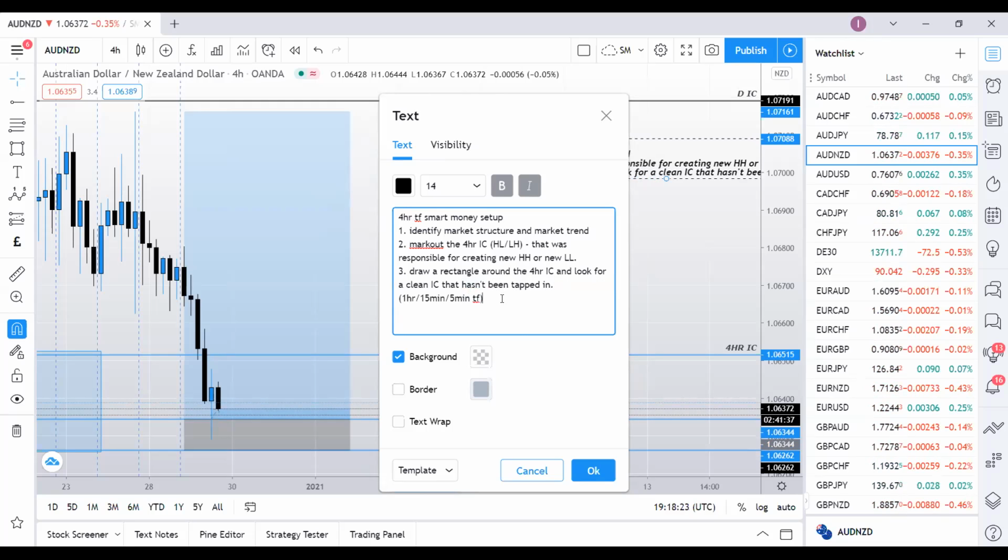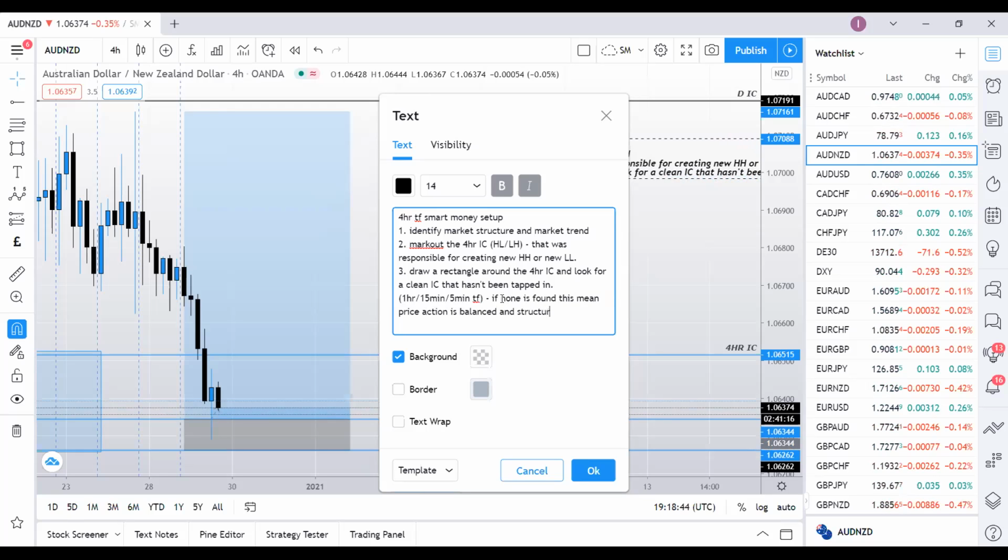And let me put in here, if none is found, this means price action is balanced and the structure won't hold. Does everyone understand that?